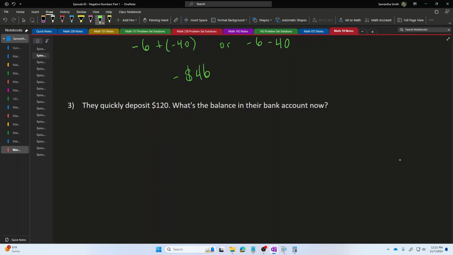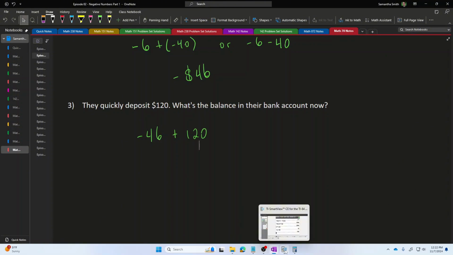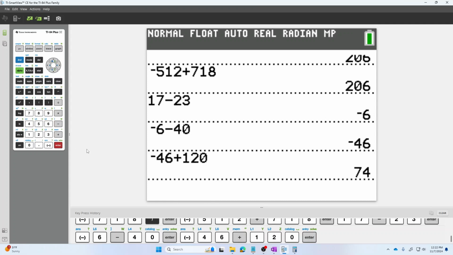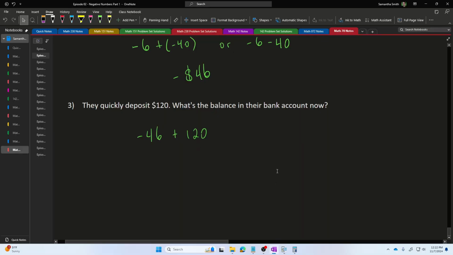So I'm starting off in bad condition, but now I'm able to add $120 to cover my fees. So if I do that calculation, negative 46 plus 120, I am left in the end with $74 as a result of that transaction. $74 in the bank account in the end.